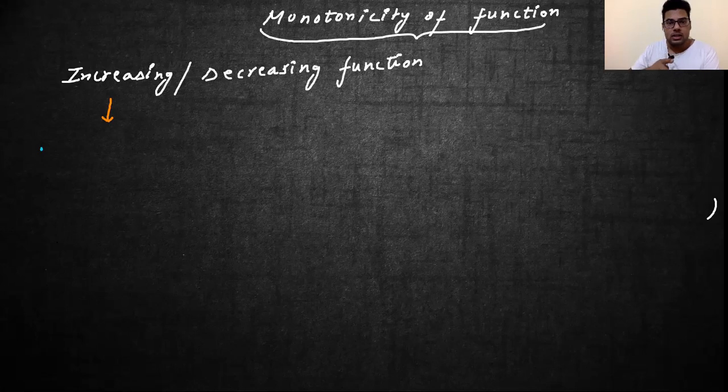For non-decreasing, the function was constant for a duration, right? So in that case f dash x was equal to 0 for an interval. But in our case, if the derivative is equal to 0 just for one point or for discrete points, in that case we can have that function as an increasing function, right?